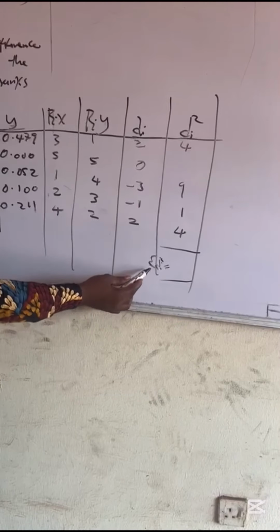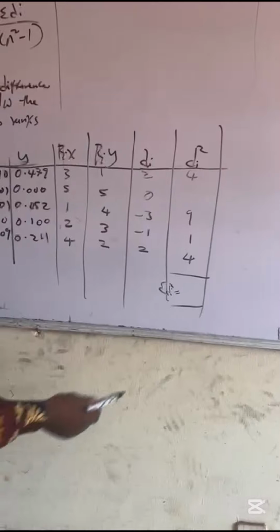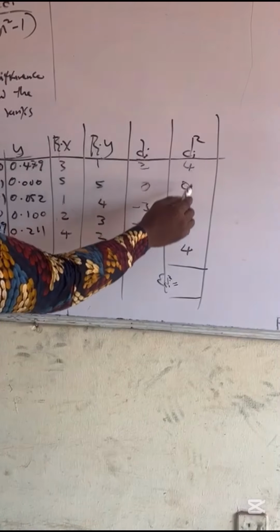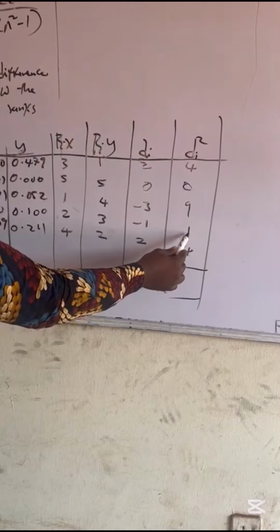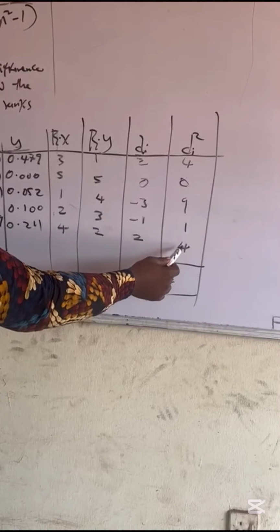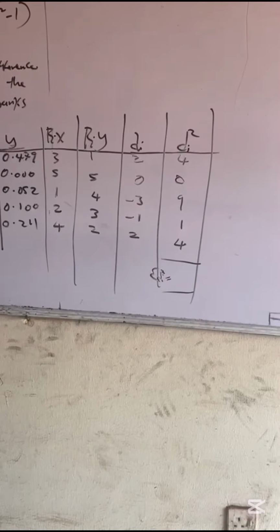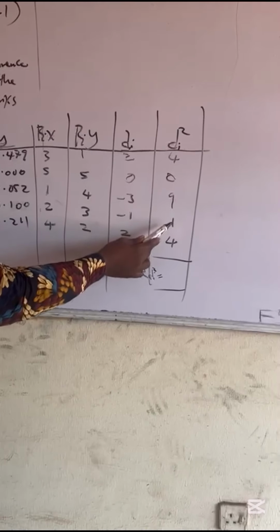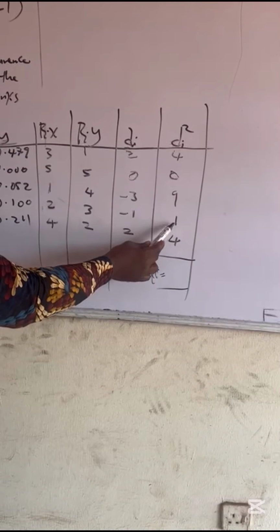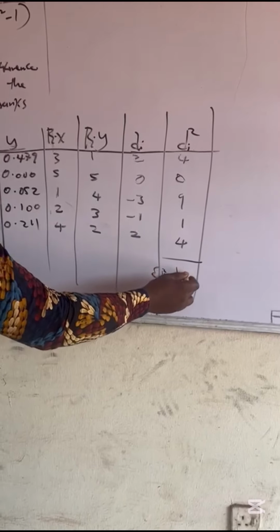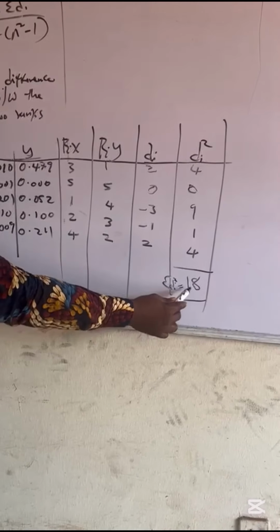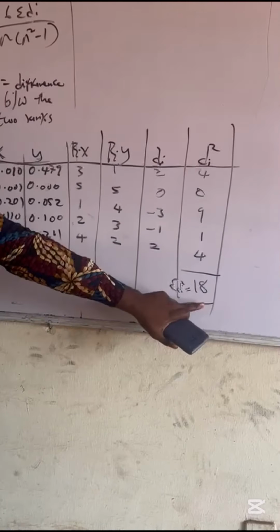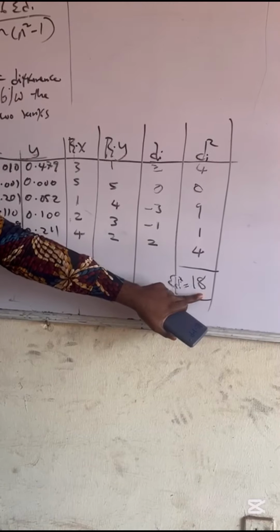So we have that summation of di squared is what? 4 plus 9 plus 1 plus 4. 4 plus 9 is what? 13. 13 plus 1 is what? 14. 14 plus 4 is what? 18. So summation di squared is 18. Once we get this, that means that we are good to go.